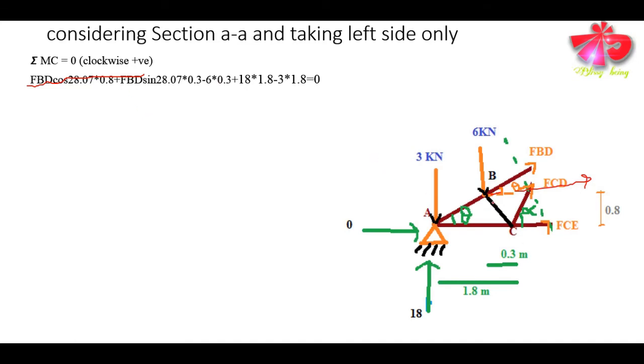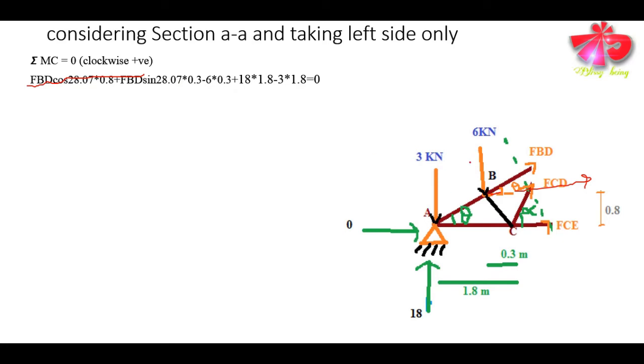Again, the FBD vertical component is FBD into sine 28.07, that is giving us again a clockwise moment at joint C. So that is written as positive, and the angle is 28.07, and the perpendicular distance in this case is 0.3. So we can write this.